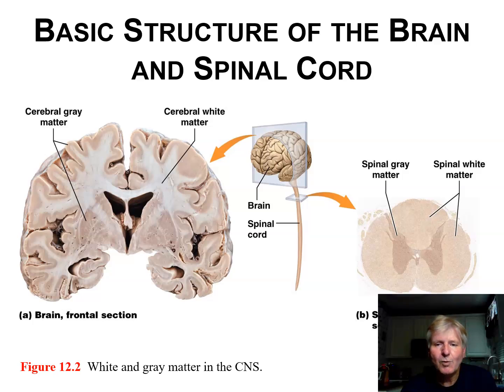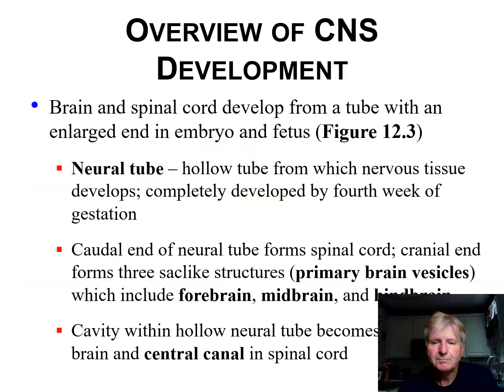So the gray and white matter reverse their positions. The gray matter in the brain is superficial, whereas the gray matter in the spinal cord is deep, whereas the white matter is deep in the brain and superficial in the spinal cord.